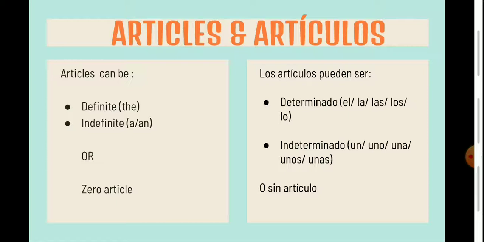An example of this is: lo que me gusta hacer es dormir. Another type of article in Spanish is el artículo indeterminado, such as un, uno, una, unos, unas. Or the article can be omitted in some specific cases.